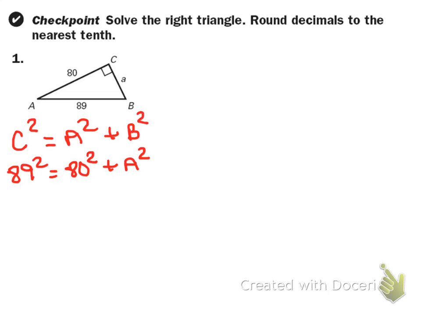89 squared is 7,921, which is equal to 80 squared, 6,400, plus your a squared. You want to solve for a, so subtract 6,400 from both sides.